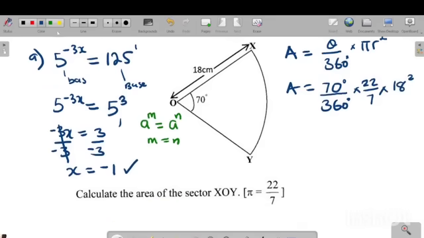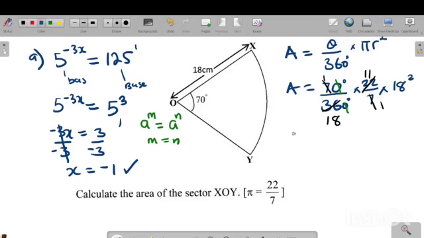The 0 can cancel, can reduce. Then 2 can go into 22 11 times, 2 can go into 36 18 times. Again, 7 can go into 7 one time, and here one time.